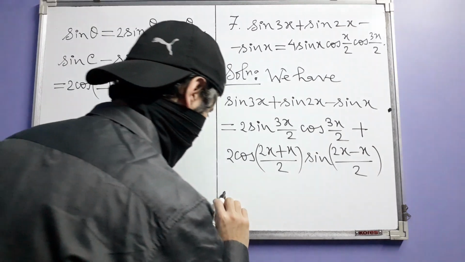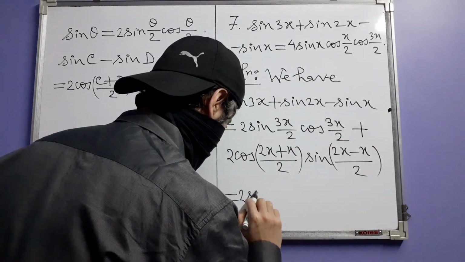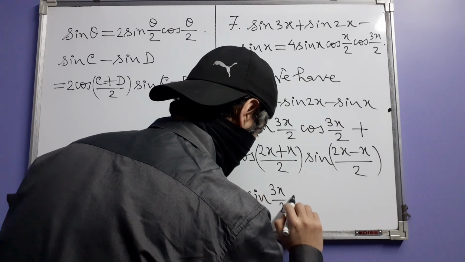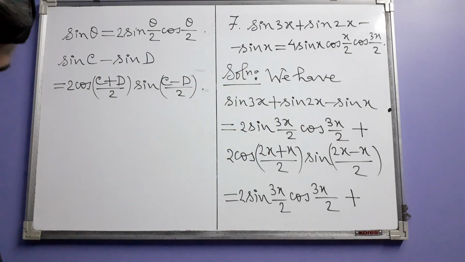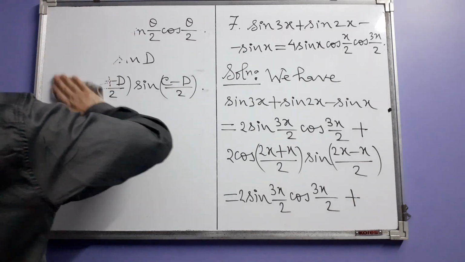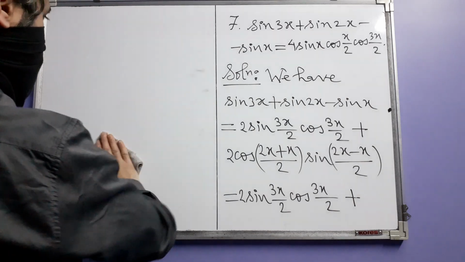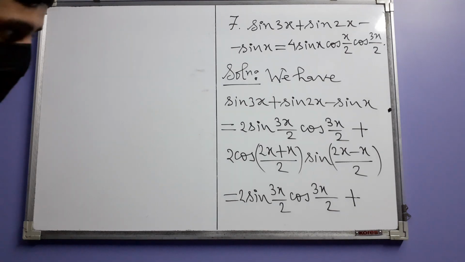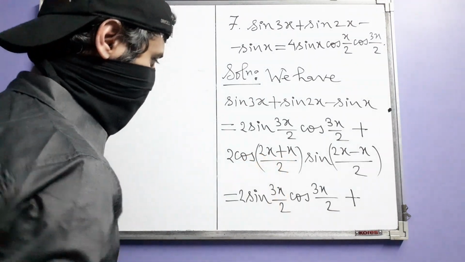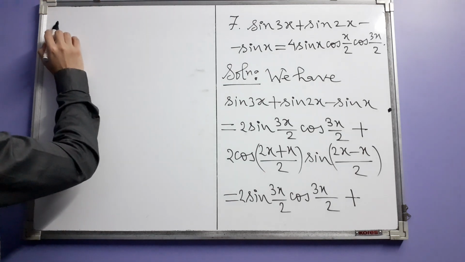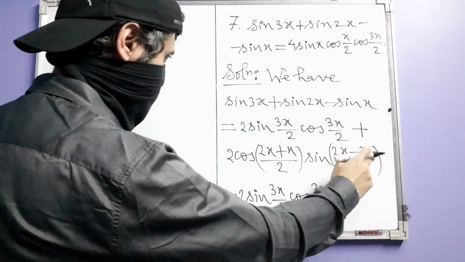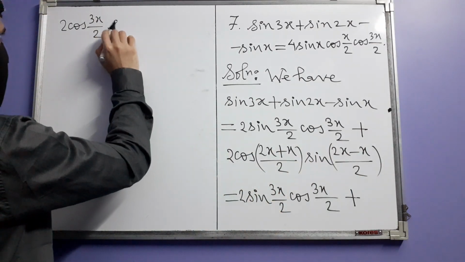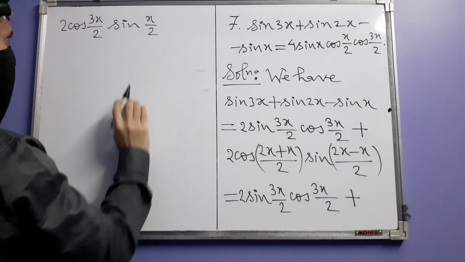Okay, so let's now simplify the angles. Here we are getting 3x, so 3x divided by 2. 2 cos 3x divided by 2, and 2x minus x is x, so sine x divided by 2.